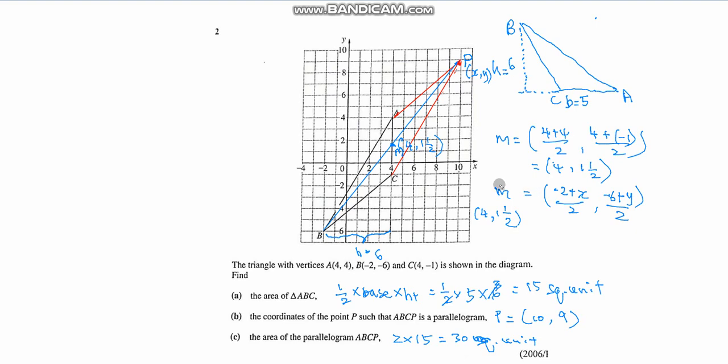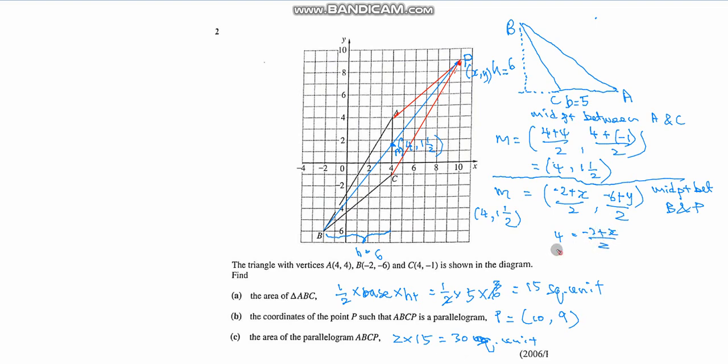Now, this M is obtained as the midpoint between A and C. This one is the midpoint between B and P. So from here you form two equations. 4 equals minus 2 plus x over 2.